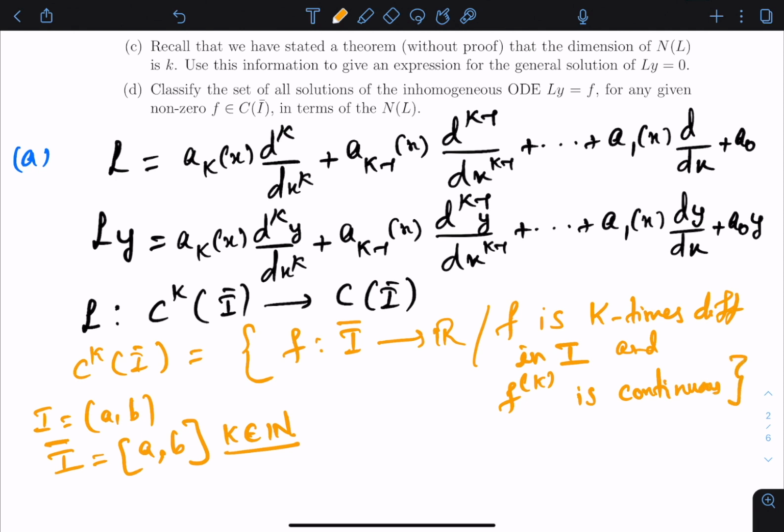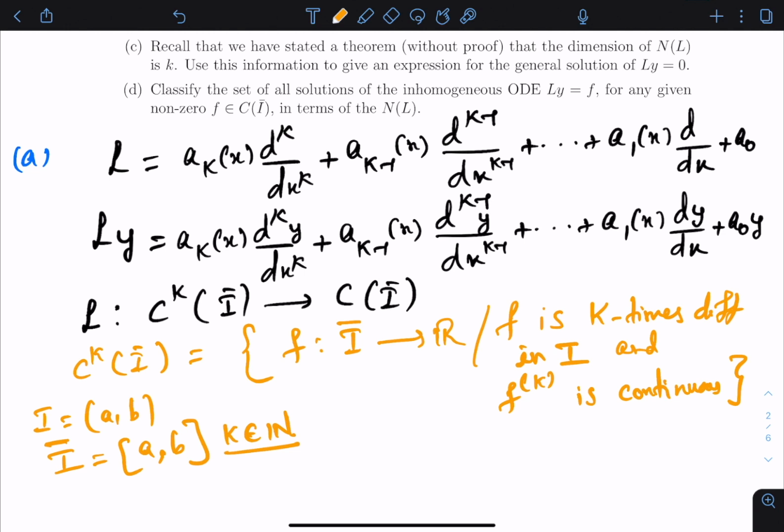Because if f is k times differentiable, that means f prime exists. If f is differentiable, then f is continuous. Now if f is double differentiable, then f prime is continuous. So once I say it's k times differentiable, up to k minus 1 the continuity is already there automatically, and then the kth order derivative is also imposed to be continuous. This is what is called C^k.